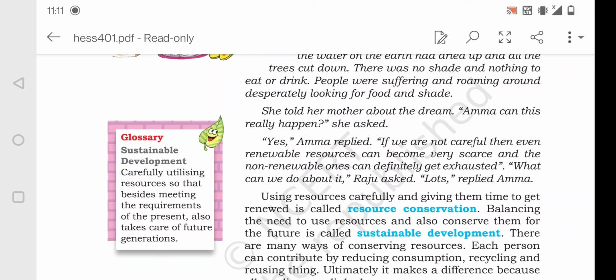Okay, so it means you have to use resources wisely right now, and you have to think about the future generation too, how they would use those limited resources which we are using now, so that they can also enjoy them. That is a big, broader concept, which is sustainable development.